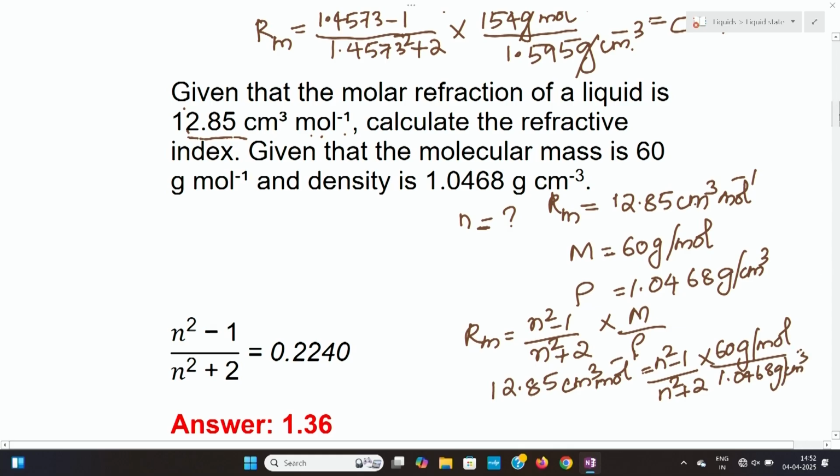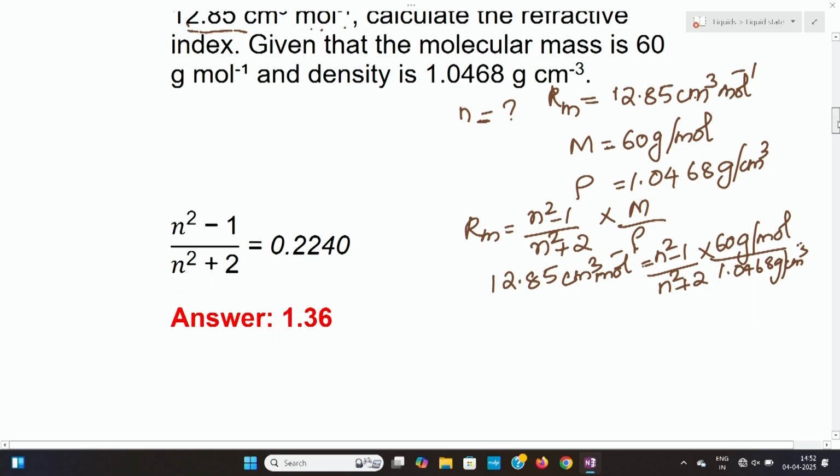When we substitute all these values and do the calculation, we will get n square minus 1 divided by n square plus 2 as 0.2240. And it does not have a unit because this centimeter cube and this centimeter cube will get cancelled.